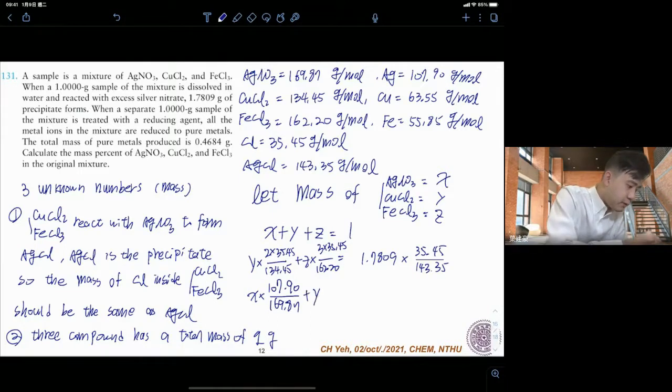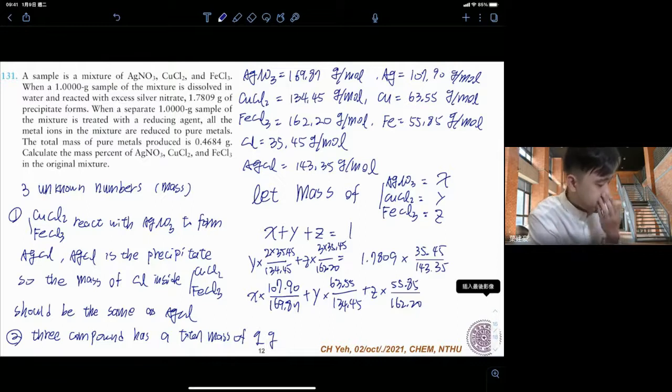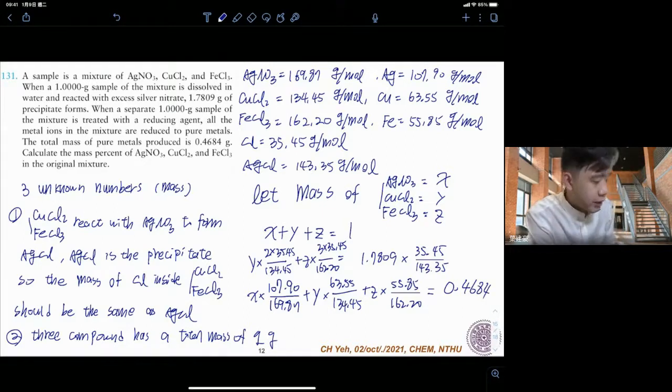Similar behavior like this. After writing it down like this, the final is 0.4684.